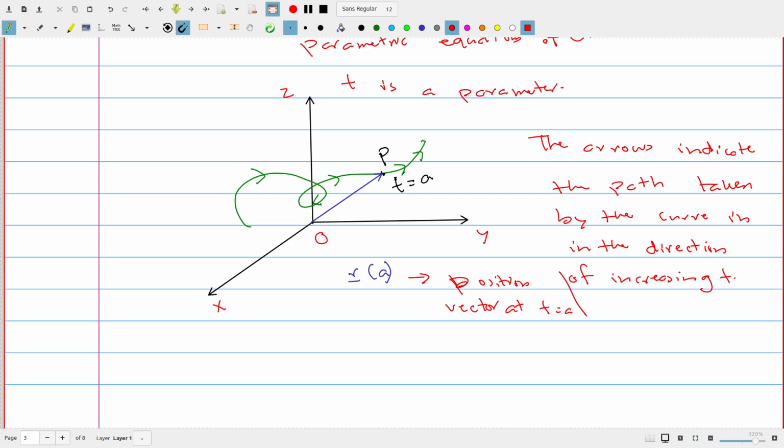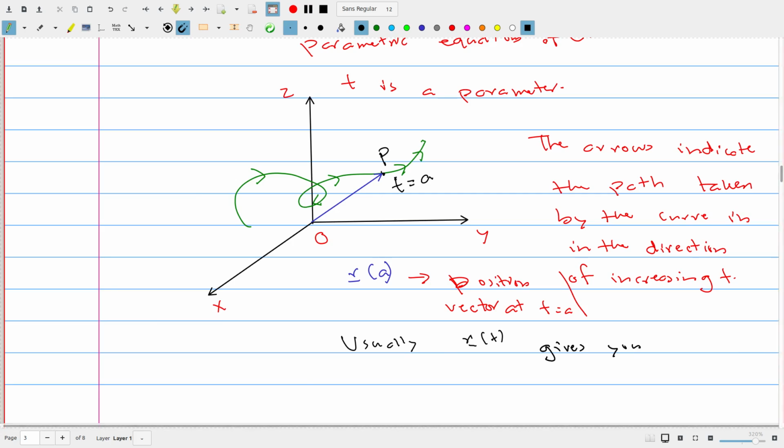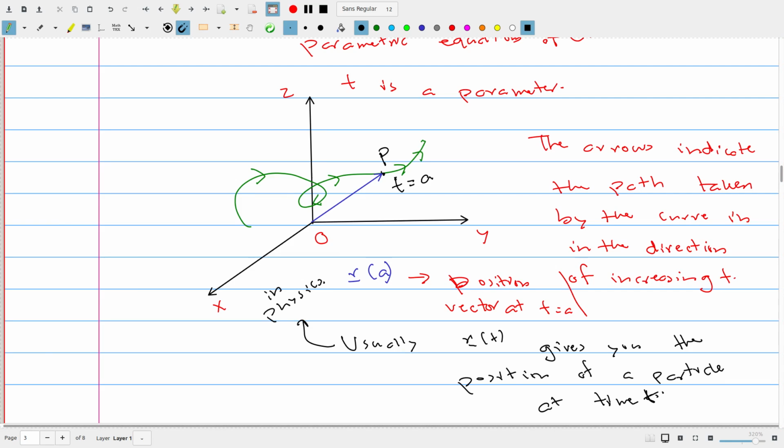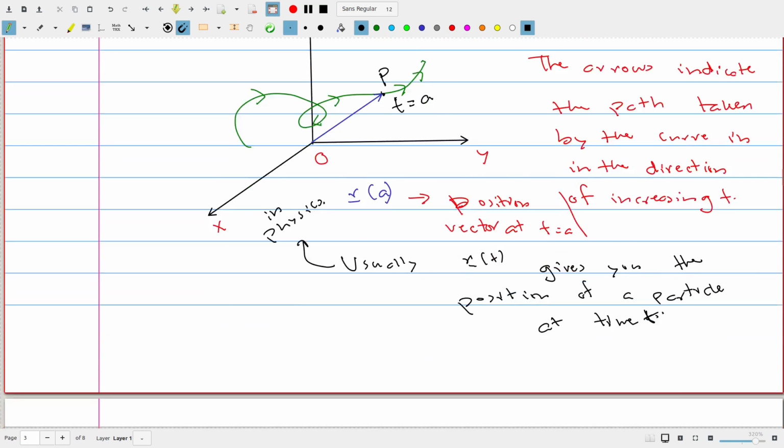And r(t) usually gives you the position of a particle at time t. Usually in physics. This is in physics, right?